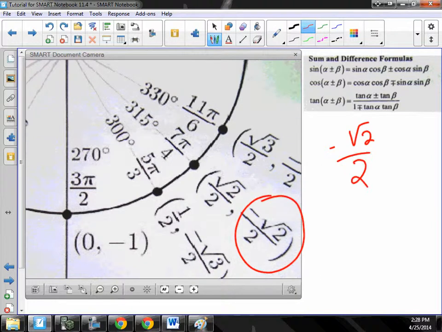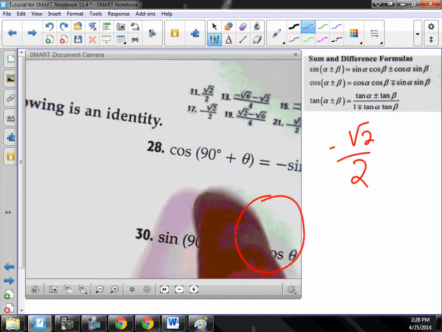What it wants us to do is prove that that's true using two other angles. Well, how do you create 315 degrees? 270 plus 45, that would work. Let's use a difference formula, though, because we haven't used one yet. 360 minus 45. Okay.